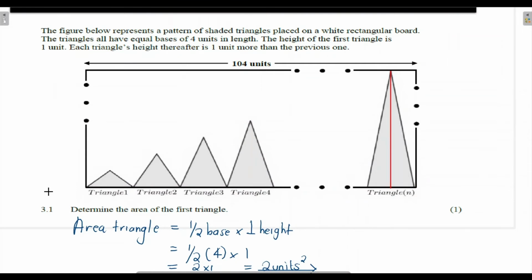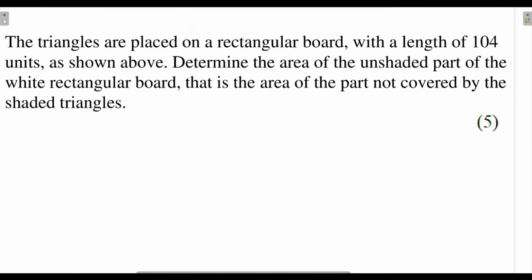Let's start step by step, right? Okay, we found that the 26th triangle, we're assuming that is the last triangle on this board, the area for it was actually equal to 52 units squared. Okay, so now we're going to work with this information to help us get everything else, right?